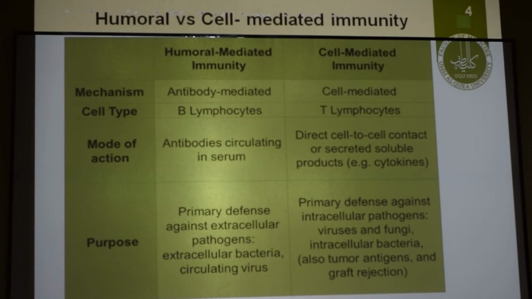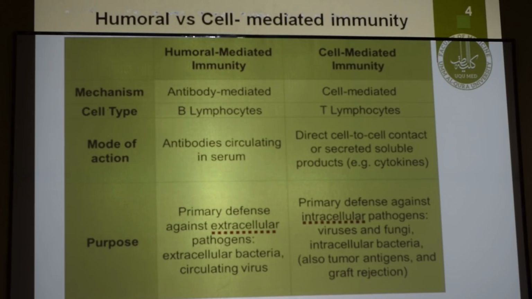One of the major differences is that humoral immunity is against extracellular pathogens. That extracellular pathogen can be bacteria or virus, while cell-mediated immunity primarily works against intracellular pathogens. That can be intracellular virus, bacteria and also tumor antigens or tumors.